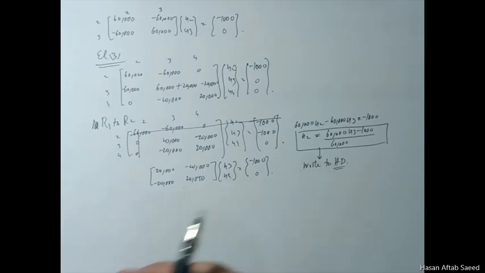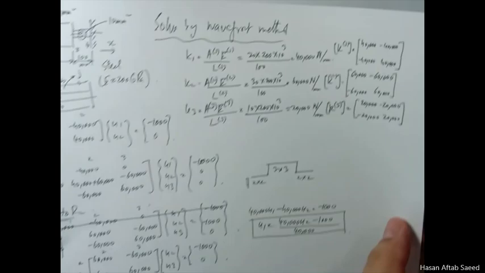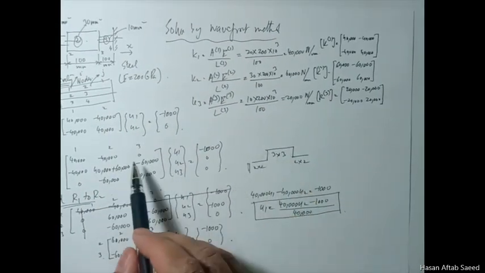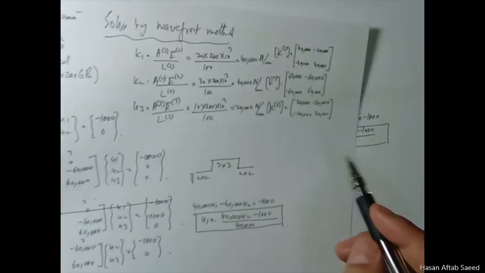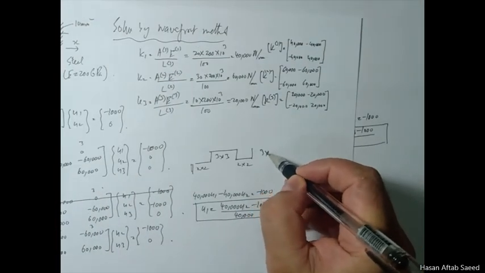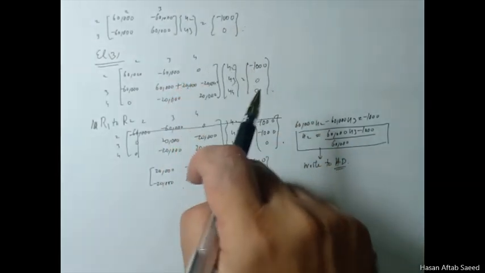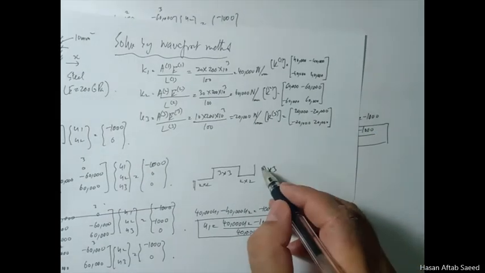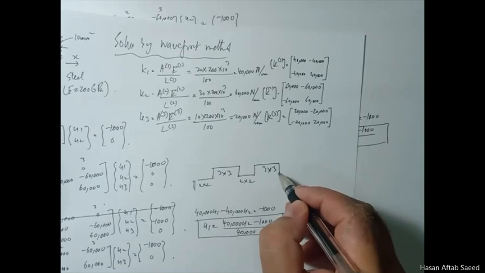Now recall that here we had reached from 2 by 2 to 3 by 3, then 2 by 2 again. Here this is 2 by 2 again, then we went to 3 by 3 again, but again we came down to 2 by 2 here.